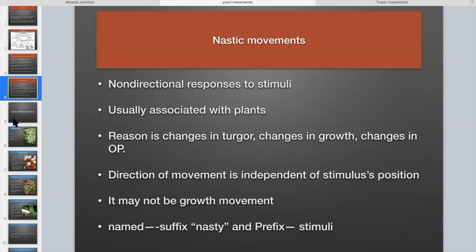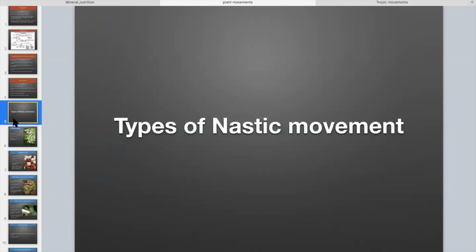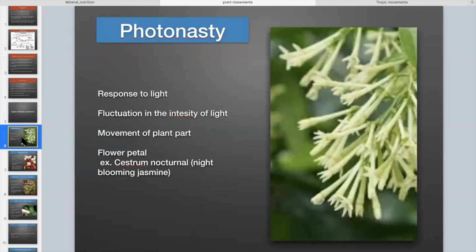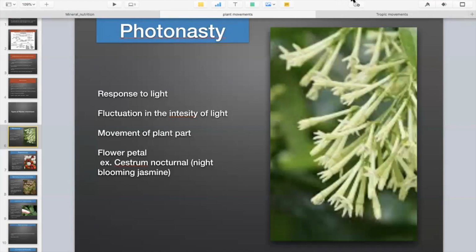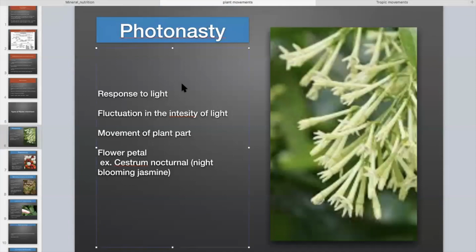Now let us take one by one the different types of nastic movements. First of all comes photonasty. In nature, there are some plants which respond to light, actually sunlight.